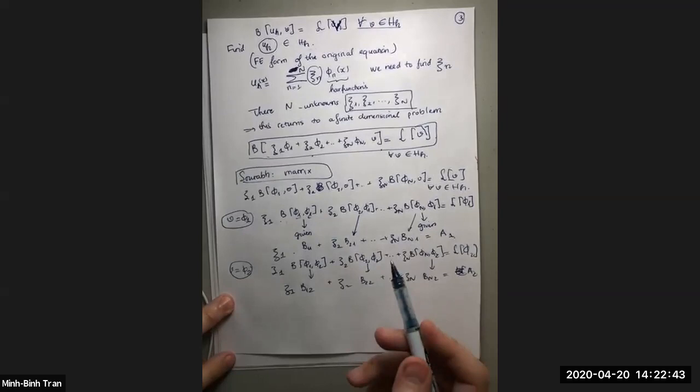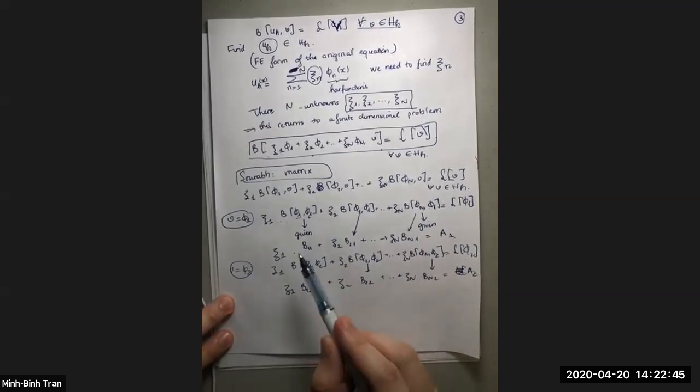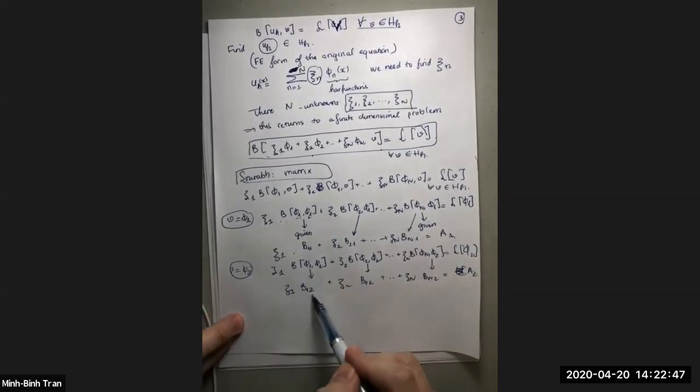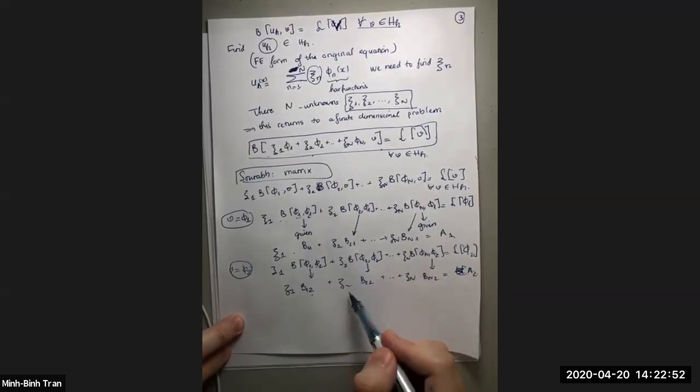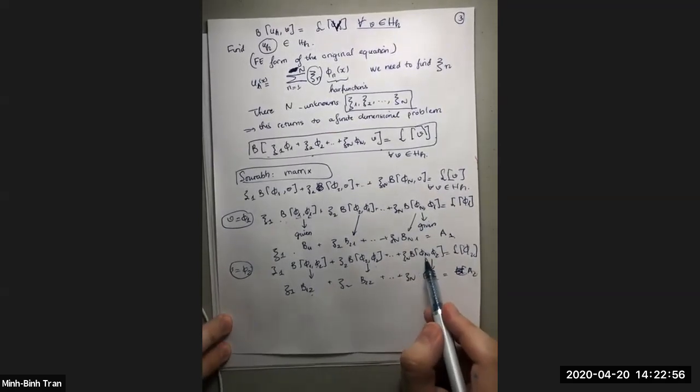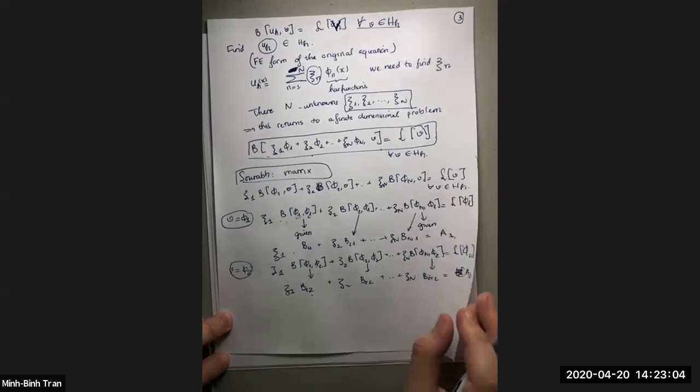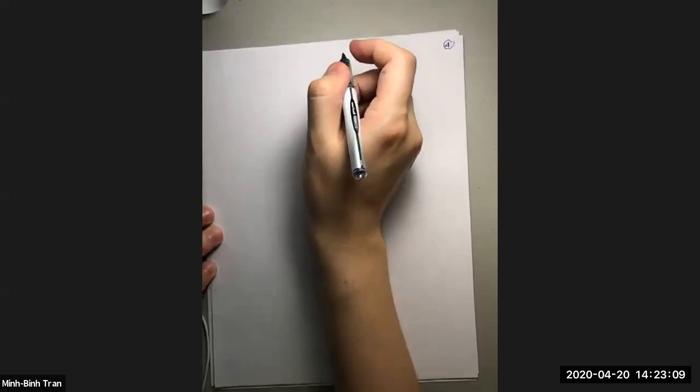Then you keep doing the same thing. You replace V2 there, you're going to get C1 B12, which comes from B(V1, V2), and then C2 B22, which comes from B(V2, V2), and then you get B(Vn, V2), which gives you Bn2, so Cn Bn2 is equal to A2. At the end of the day, you continue this process and you get the following equation.